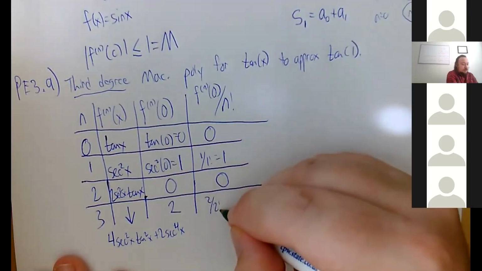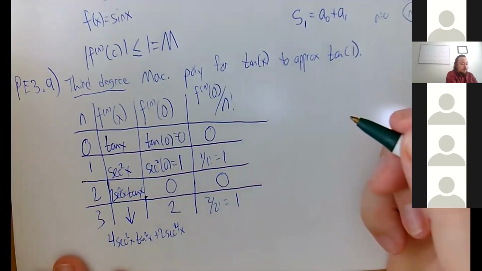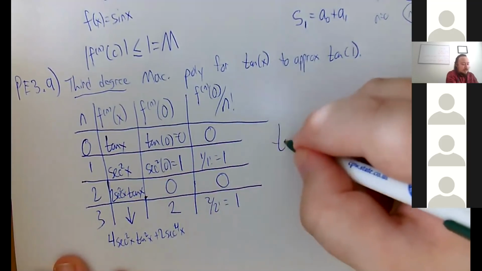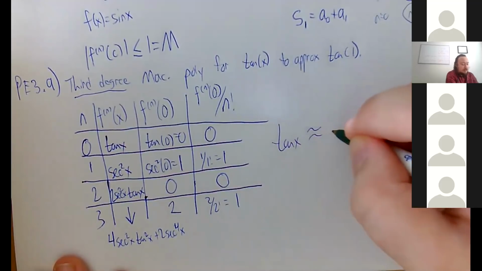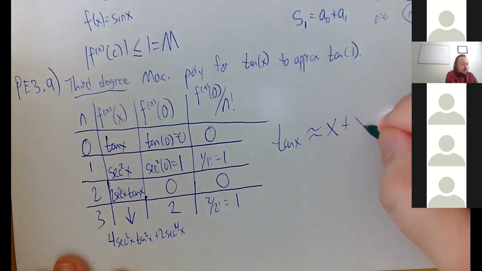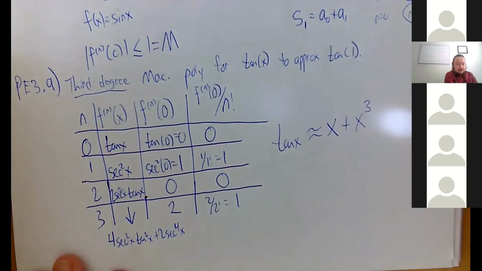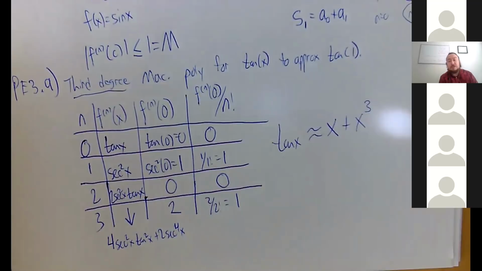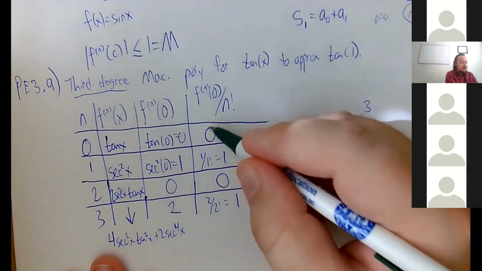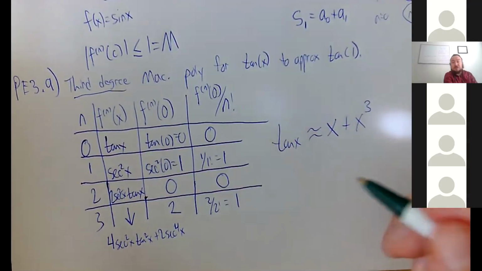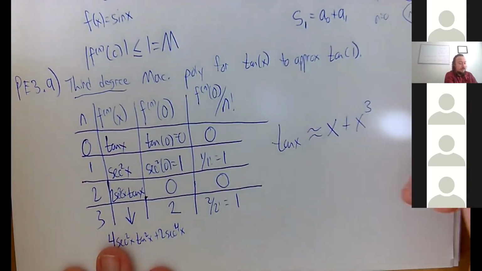And I do 2 over 2 factorial, that'll just be 1. So it turns out that tangent of x is approximately equal to x plus x cubed. So this is going to be our 3rd degree Maclaurin polynomial. And notice that we're skipping a0 and a2, because they're 0, so we don't care about those.